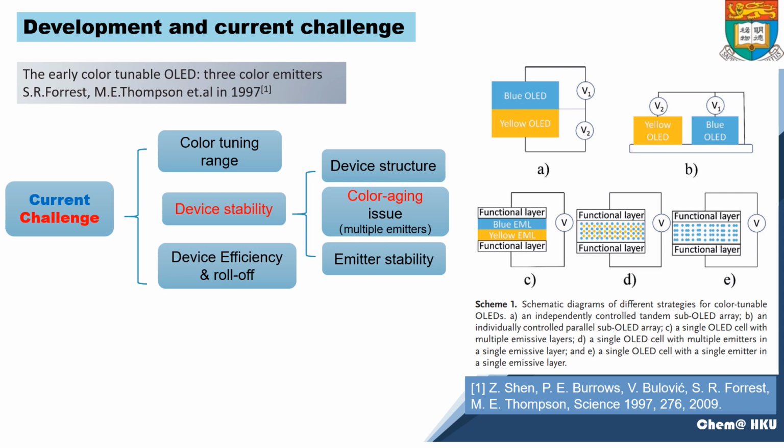We can improve the device structure and emitter stability. And compared to the common OLED, the color-tunable OLED has another problem, the color aging issue, which is caused by the multiple emitters with different working lifetimes.